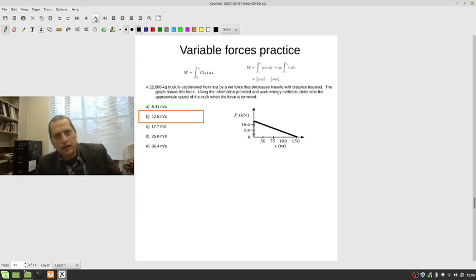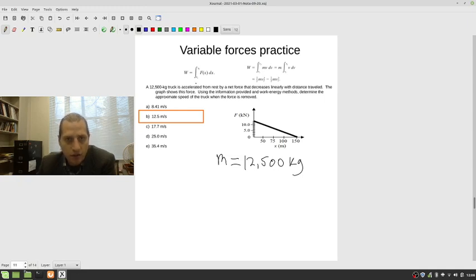Let's just look at a simple example. It says a 12,500 kilogram truck, so a big boy, is accelerated from rest by a net force that decreases linearly with the distance traveled. Okay, so look at this image.